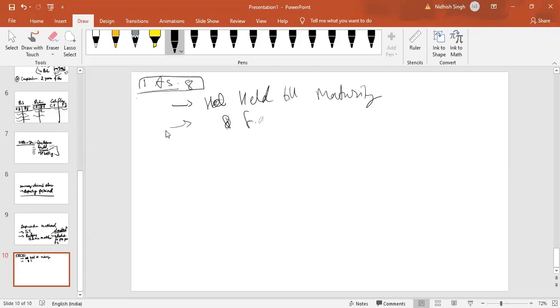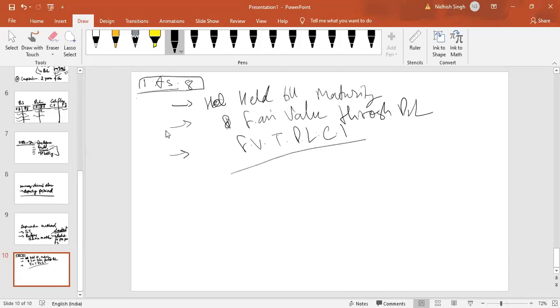Fair value through profit and loss, and then fair value through other comprehensive income. That then comes with another term, FVTOCI, because there are two types of fair value reporting.